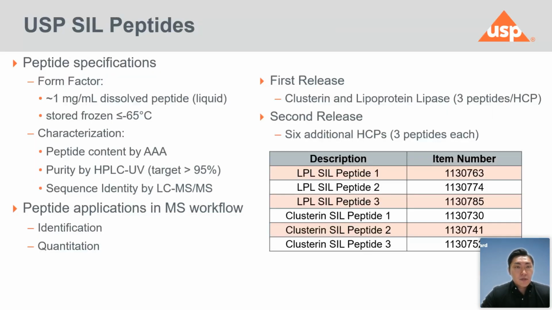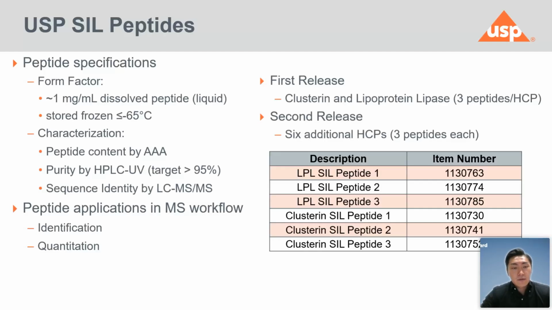We have been working on these labeled peptides for the past 2 years. These peptides are very well characterized, and some of the specifications are that they are 1 mg per mL dissolved in liquid and stored at -65. Some of the characterization we have done includes peptide content by AAA analysis, purity by HPLC-UV, where we aim for greater than 95% purity, and sequence identity by LC-MS.